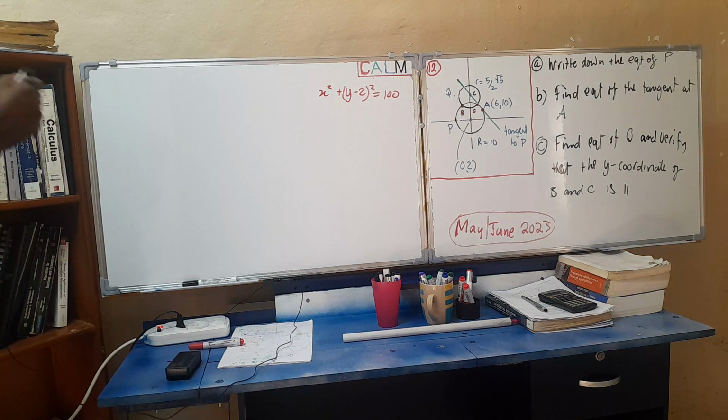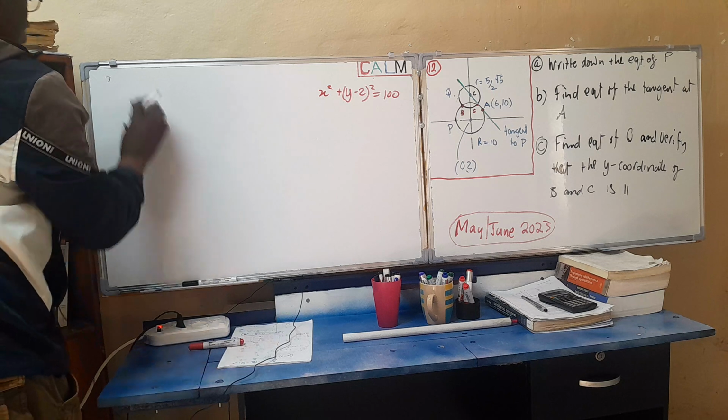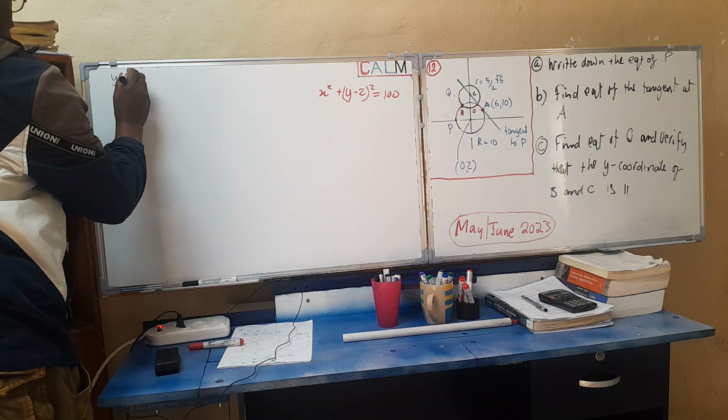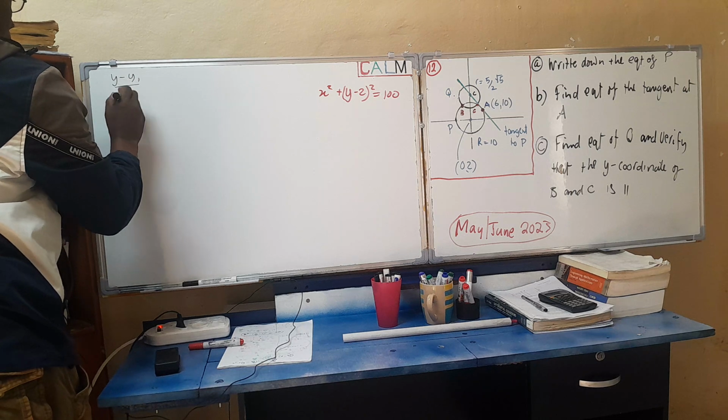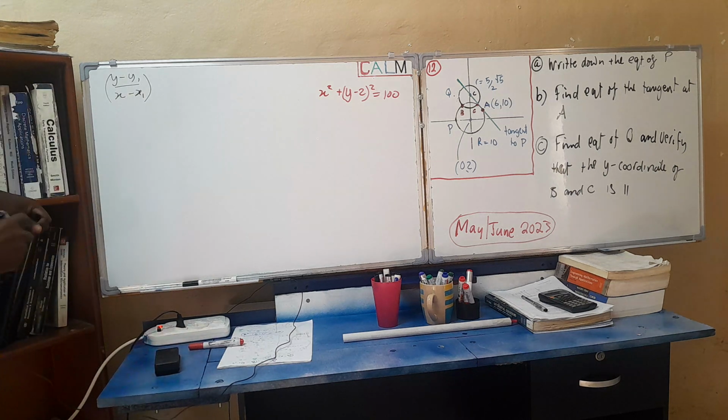The equation of a straight line is given by y minus y1, divided by x minus x1, where y1 and x1 are points that are on the line.